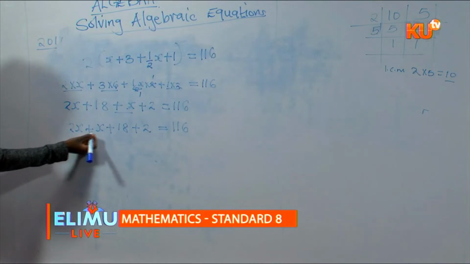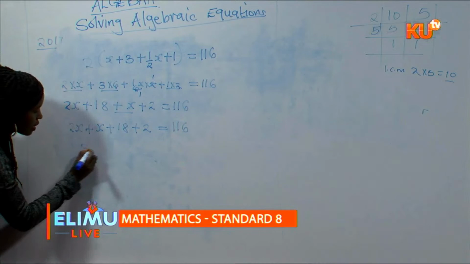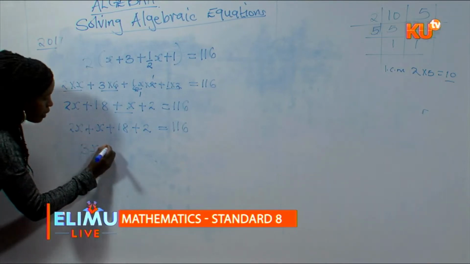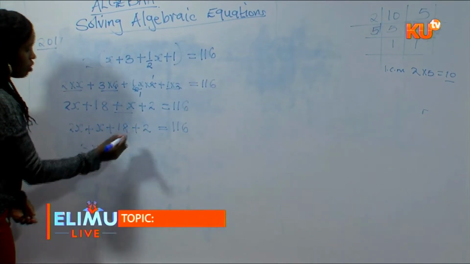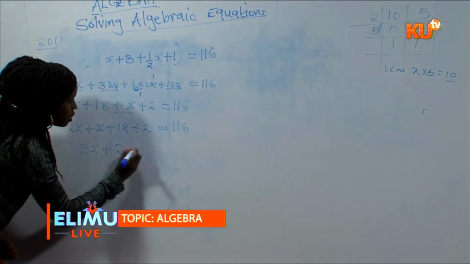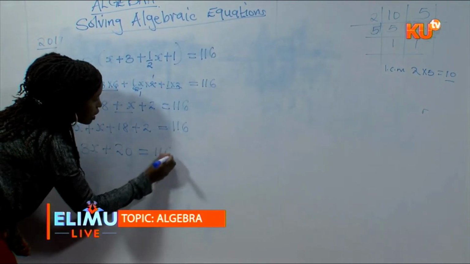I get 3x plus 18 plus 2, I get 20 is equal to 116.